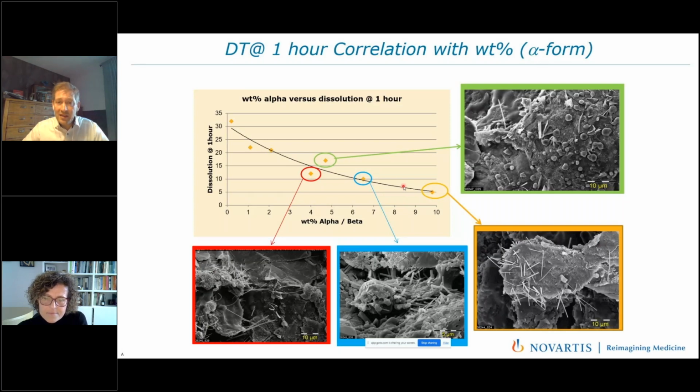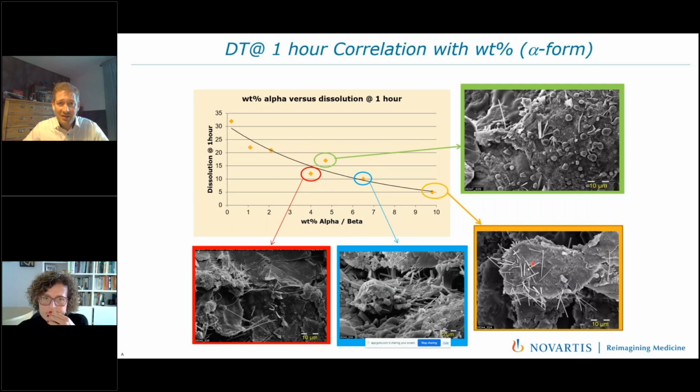Important also to note, if you had relied on the SEM picture, certainly we see that something is happening, but it would have been really difficult to evaluate that the sample highlighted in orange contains about twice the amount of this contamination compared to the sample in red.